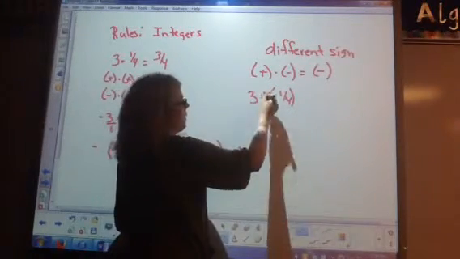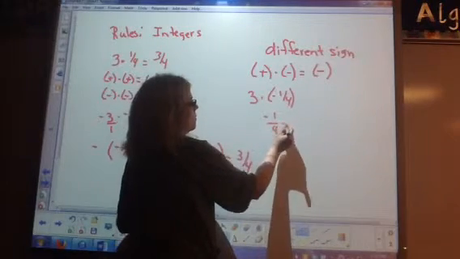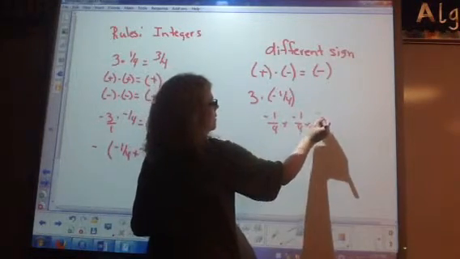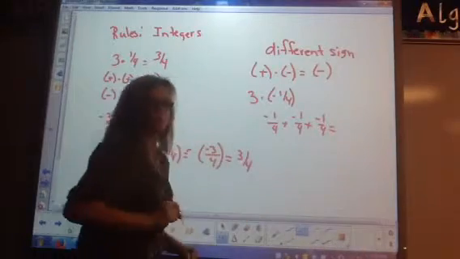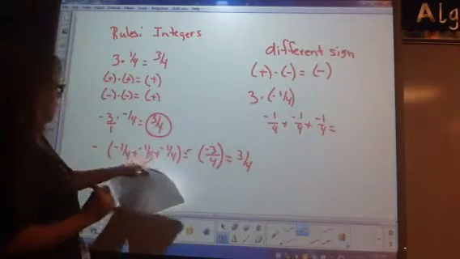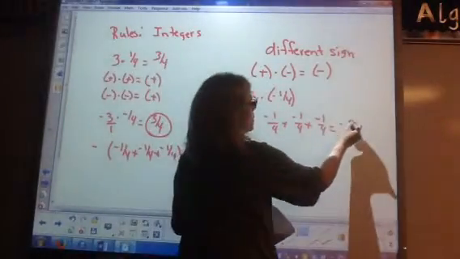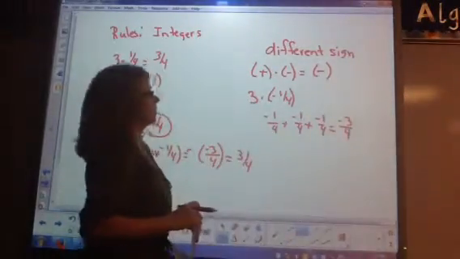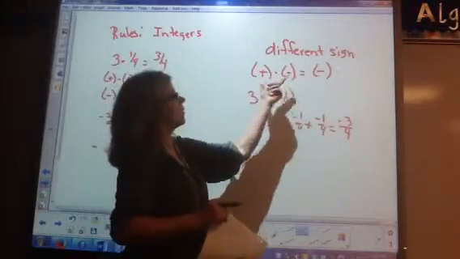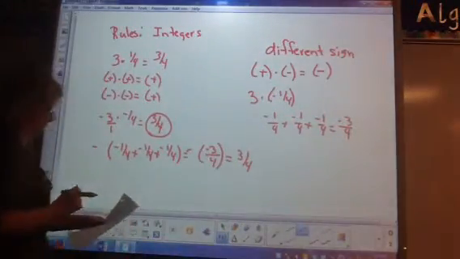Okay? So what I have here is negative 1/4 plus negative 1/4 plus negative 1/4. Well, just like we did right here, when we just focused on this, I get a negative 3/4. So that's how you get a negative when you have different signs.